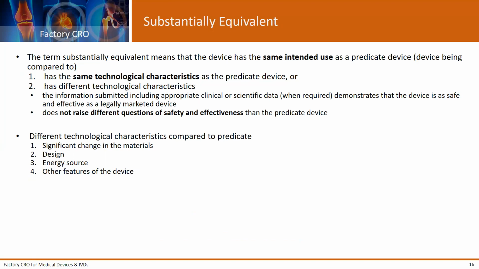What does the FDA consider different technological characteristics? Significant changes in the materials, significant changes in the design, in the energy source, or any other features of the device.